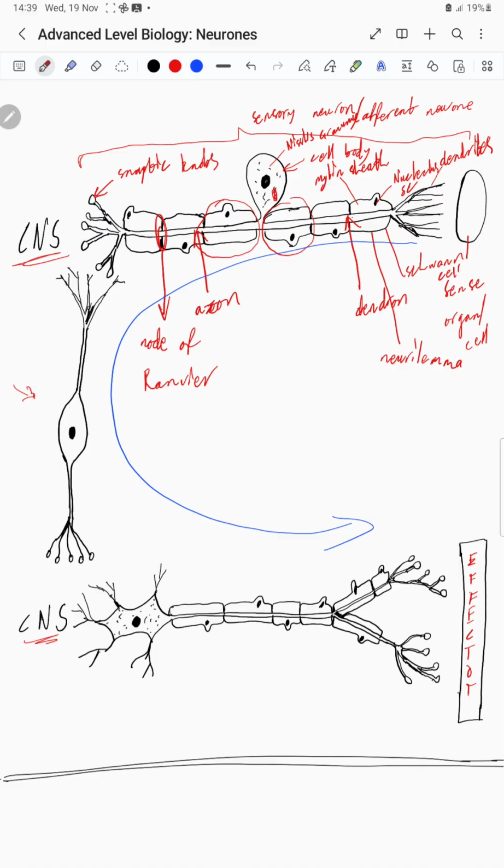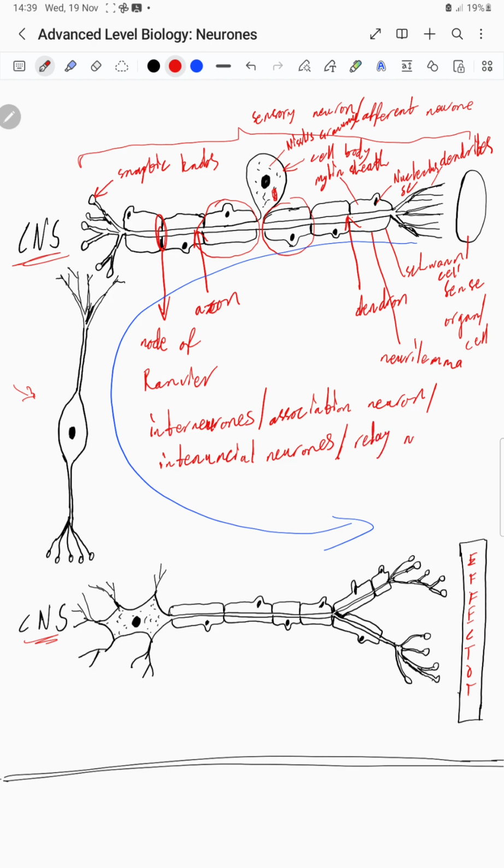In the central nervous system now, we have a type of neurons called interneurons, or we can say association neurons, or internuncial neurons, or we can call them relay neurons. They are the ones found in the nervous system.